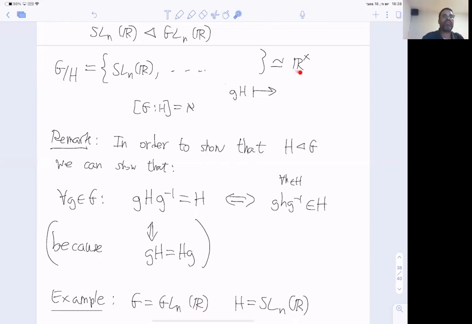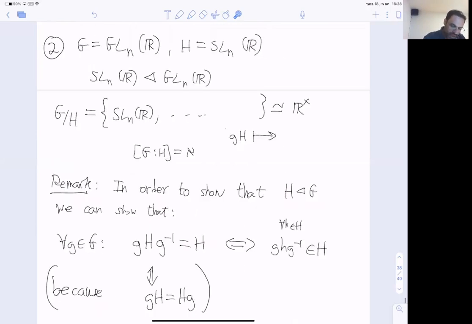What do you think? H is SLN and G is GLN. We take an element of G and we shift all of SLN. So what? The determinant of g times h, of g times the element in H. Of g, that's all.